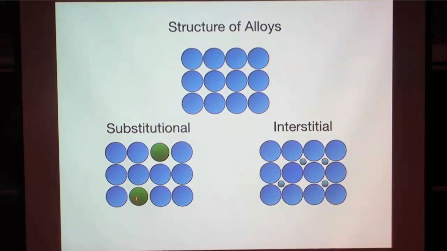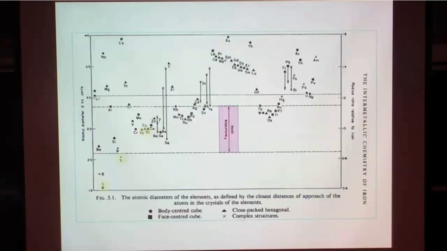There's a substitutional effect where you actually swap out one element for another, right? And there's an interstitial where you put an element in between elements that are already there. And the way you know which one's which is its size, right? If it's small enough, it'll fit in those interstices. And if it's big, it'll knock out an iron and get into its place.